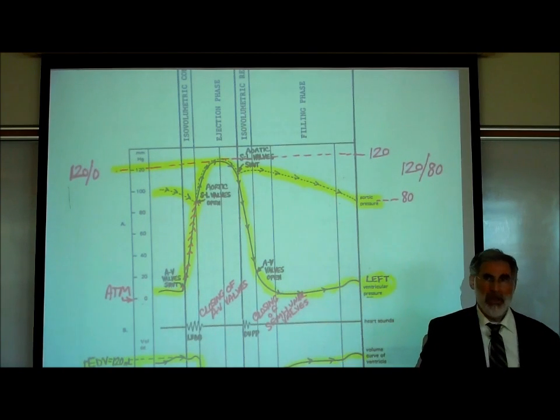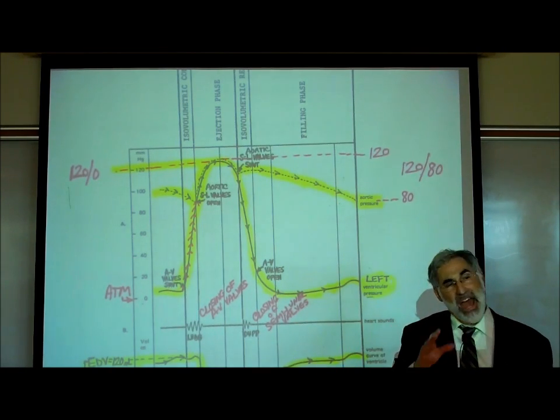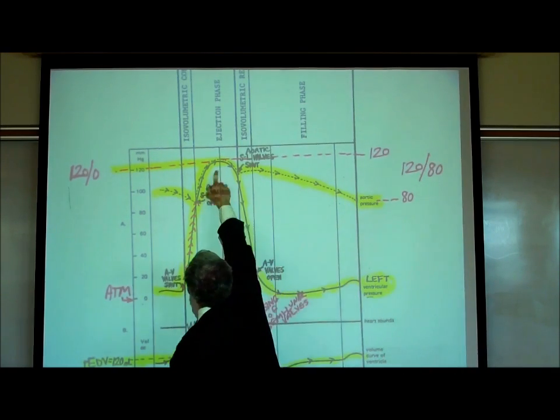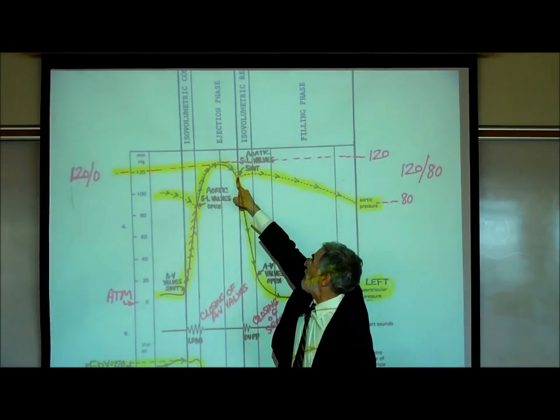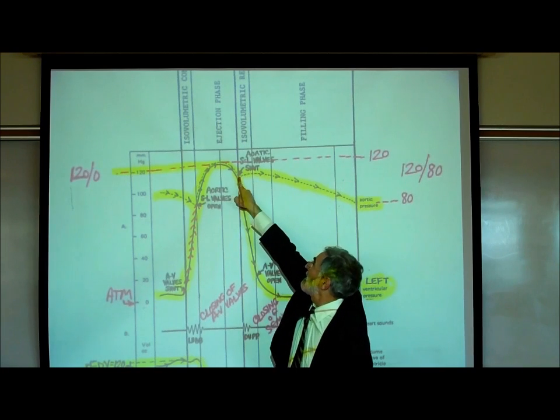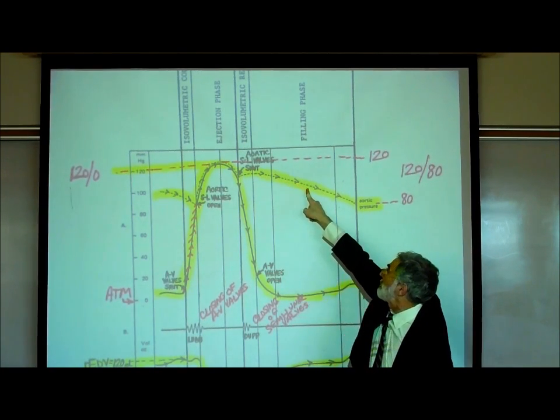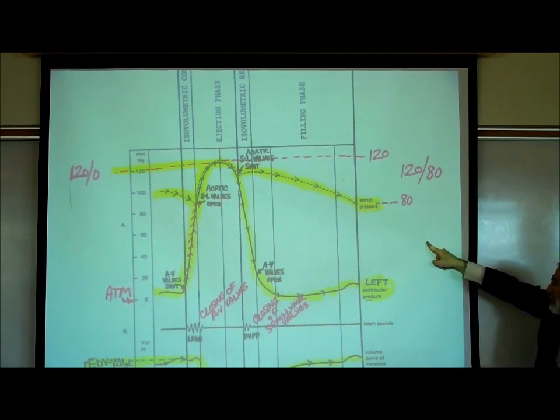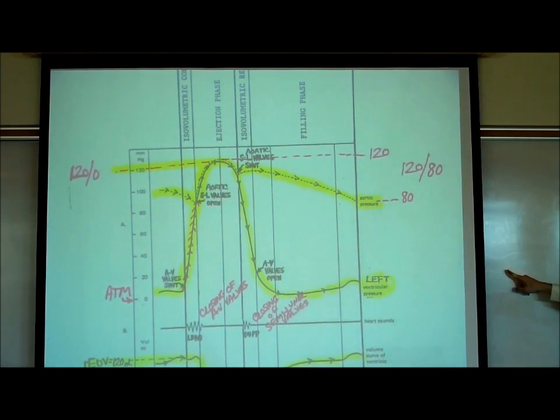But what would happen if that ventricle stopped working? If the ventricle stopped working right after it had ejected blood, right here, the pressure in the aorta would go down slowly. It would be dropping slowly, but the pressure would be dropping and heading towards zero.